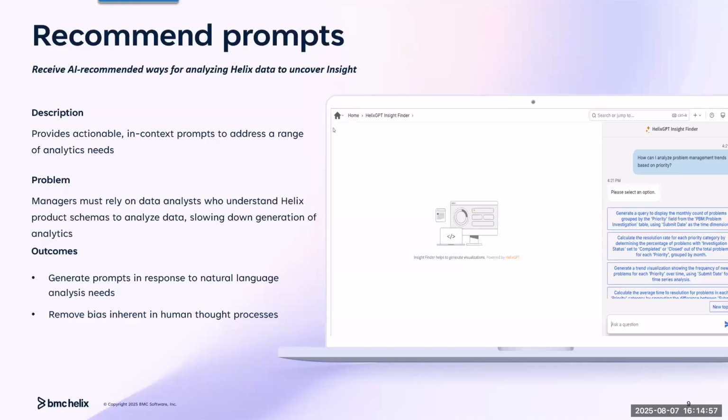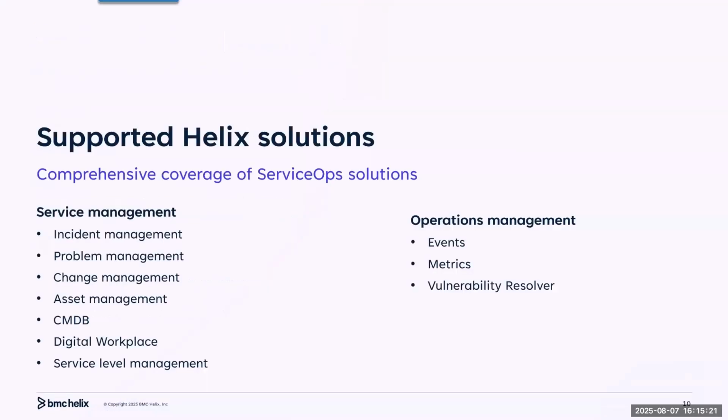It leverages its understanding of the schema and provides you all possible ways in which you can slice and dice that data. This can completely transform the way you analyze your data and use it for service improvement initiatives, service customer satisfaction, and so on.